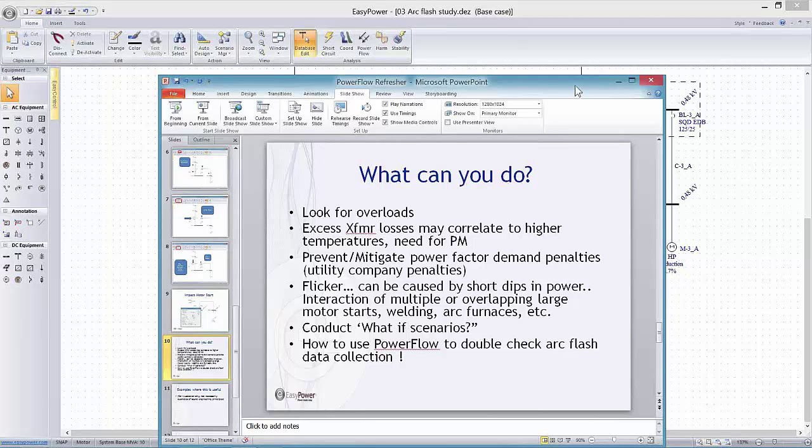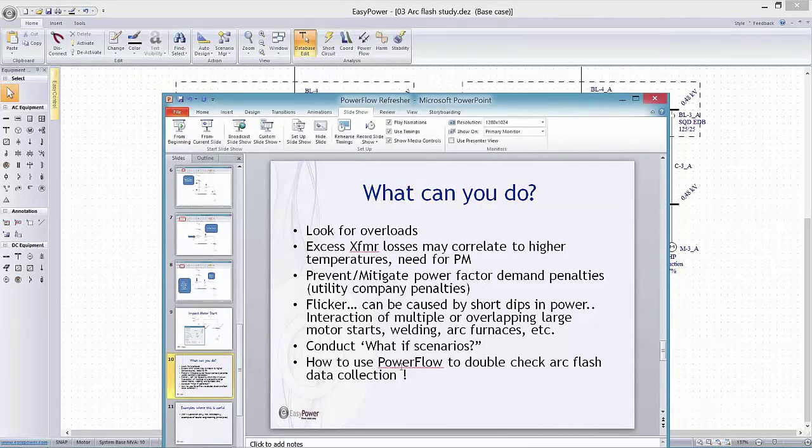One of the first things I do when someone sends me an ArcFlash database is run power flow just to see if there are any gross errors. When they're off by a few percent as far as the cable ratings, it's probably not an issue, but if we're off by an order of magnitude or 3x or 4x, then we probably missed something in the data collection mode.